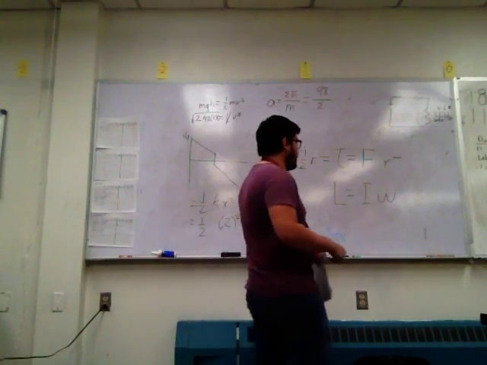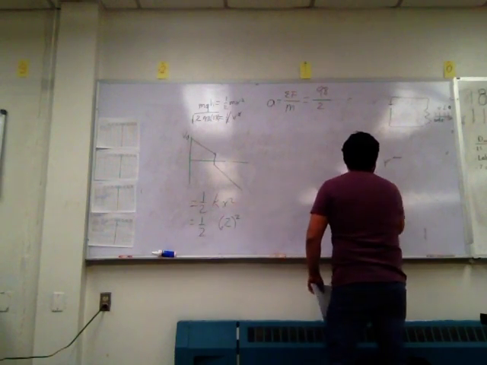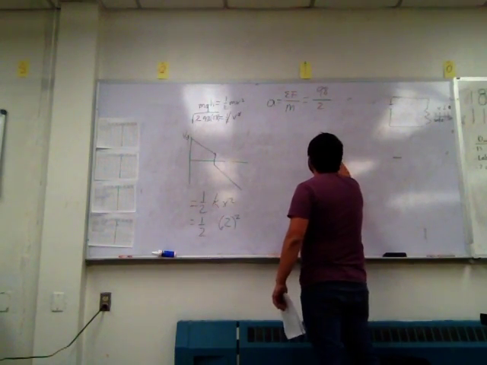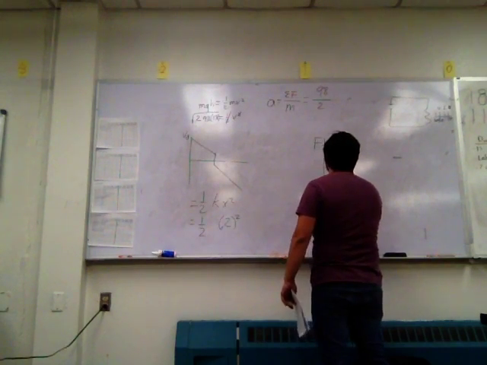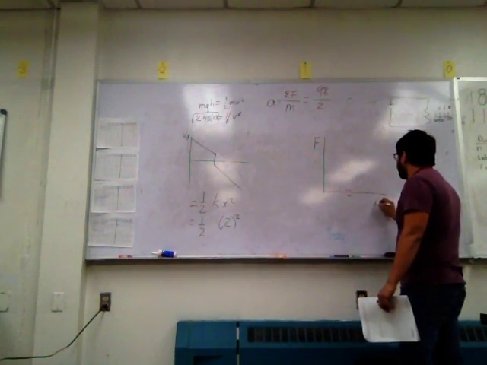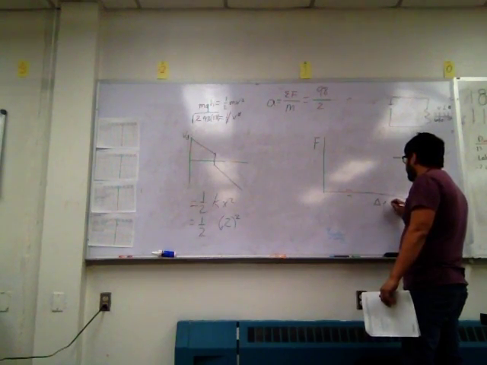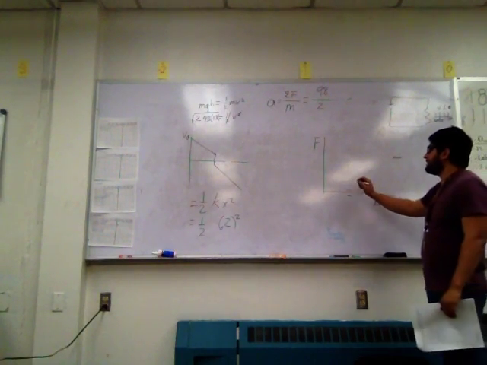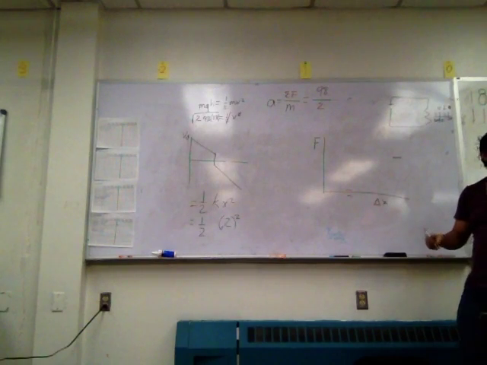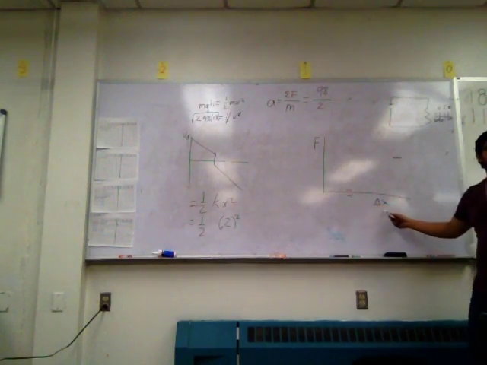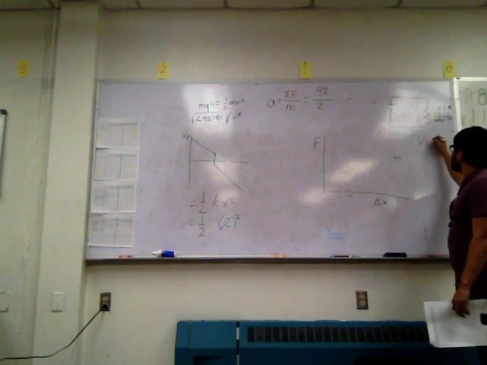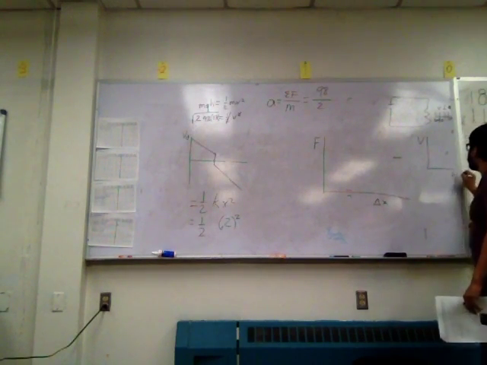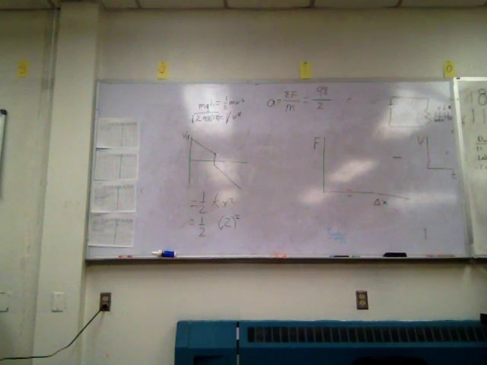What kind of graph do I have right here? Force and displacement. So it's force, and then the displacement of the spring, right? So when I find the slope, what am I dividing? I'm basically dividing this by this. Like if I find the slope of velocity versus time, v divided by t gives me acceleration, which is my slope.